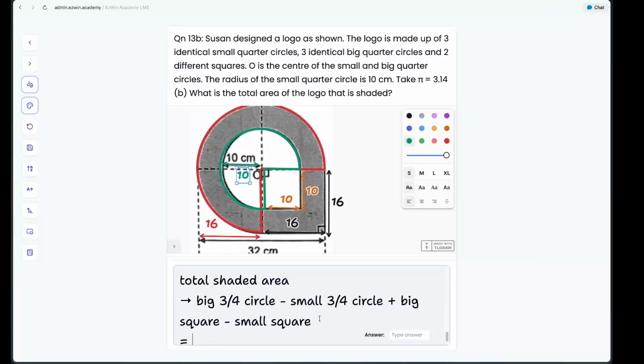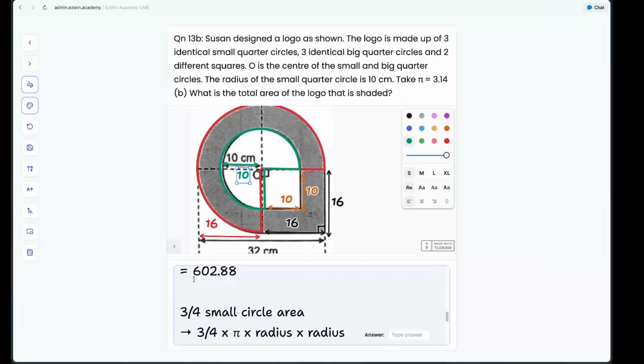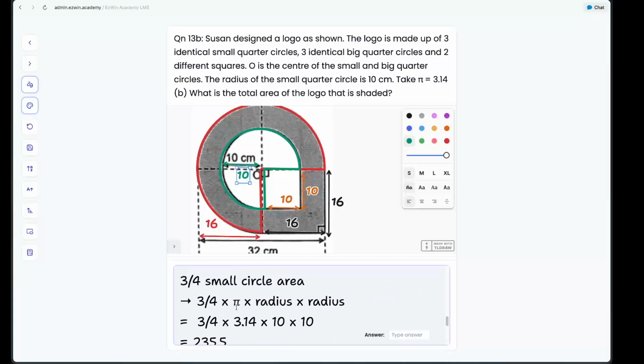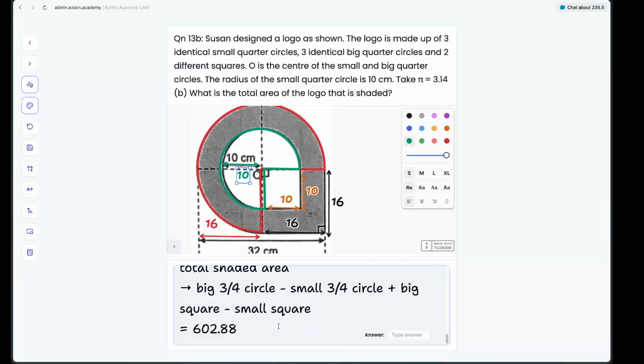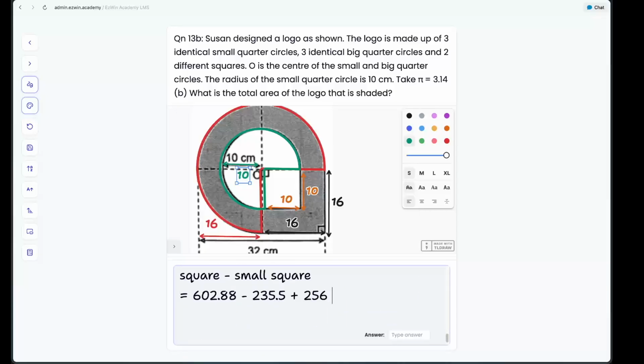In this case, the big 3/4 circle is 602.88 minus 235.5, and then plus the big square, which is 256, and then we minus 100, and this will give us 523.38 centimeter square. So there you go.